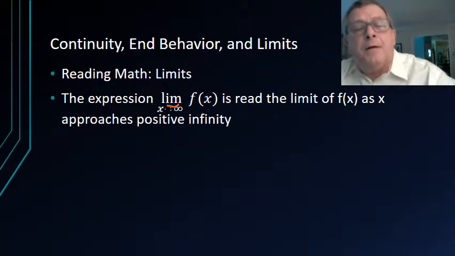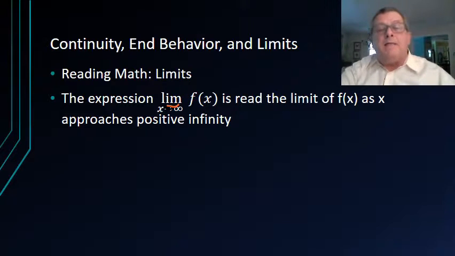But anyway, as x is moving towards infinity, f of x, y, is read the limit of f of x as x approaches infinity. This is the initial description. We'll have to complete that once we evaluate the graph.